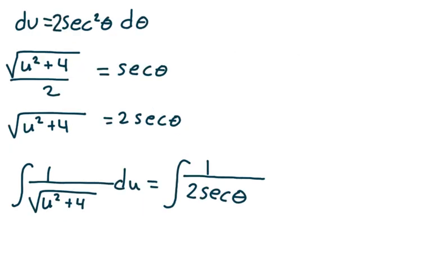So du is 2 secant squared theta d theta, right? So I'm going to multiply this by 2 secant squared theta d theta. And so this is the integral of secant theta d theta.